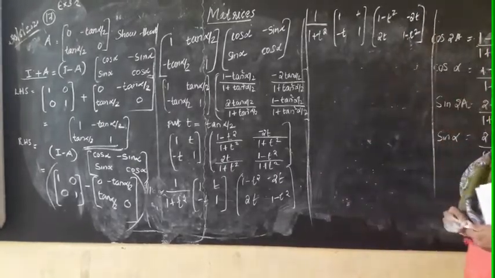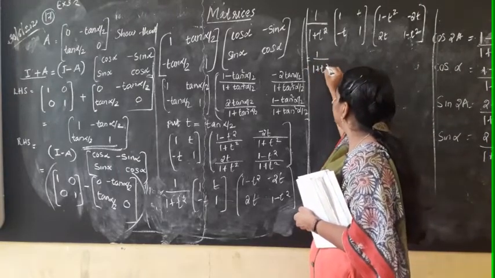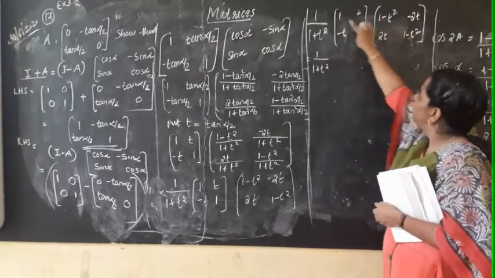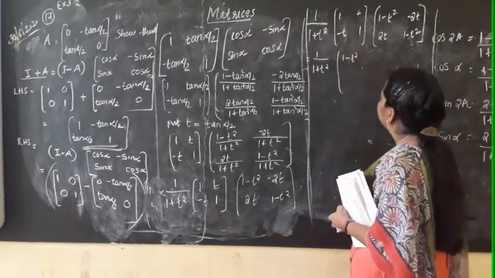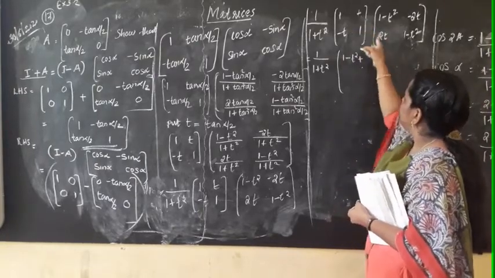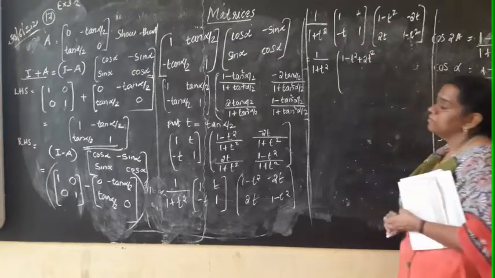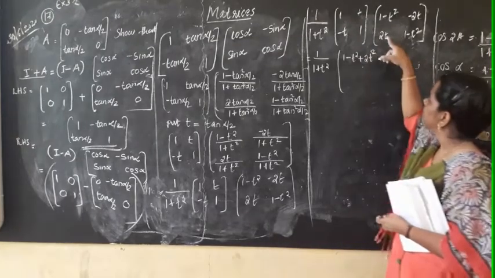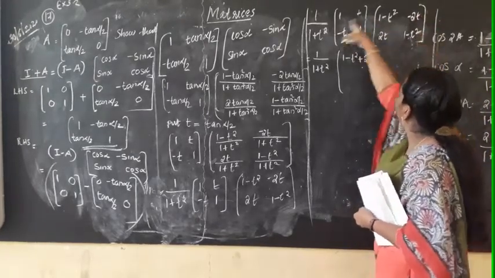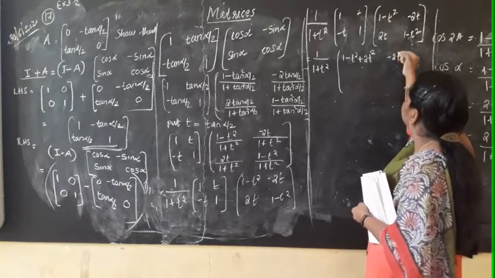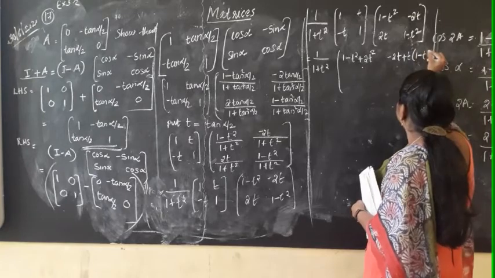Okay, multiply here. That is equal to 1 by 1 plus t square into, first row, first column: 1 into 1 minus t square, plus t into 2t, that is 2t square. Clear? First term, did you understand? Then the next term, second term, first row, second column: 1 into minus 2t, that is minus 2t, plus t into 1 minus t square.